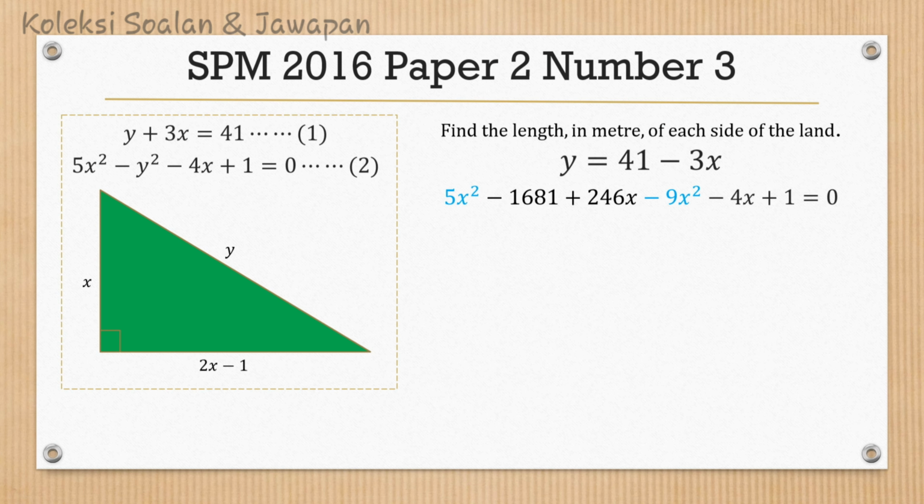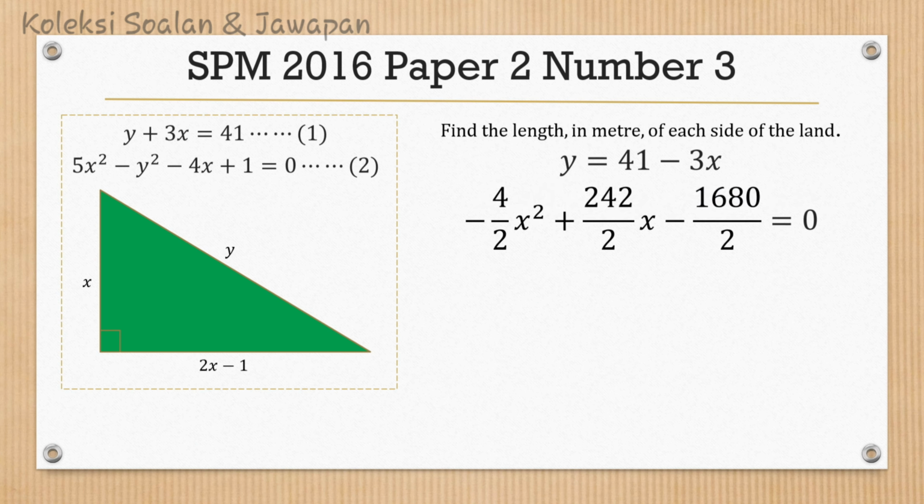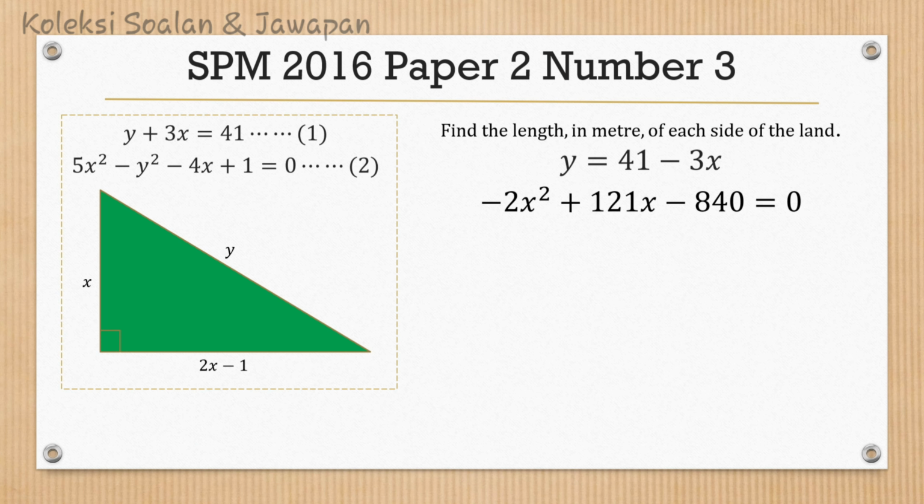So 5x squared minus 9x squared is negative 4x squared. 246x minus 4x is 242x, and negative 1681 plus 1 is negative 1680. To simplify the calculation, we just need to divide by 2. So we get negative 2x squared plus 121x minus 840 equals 0.